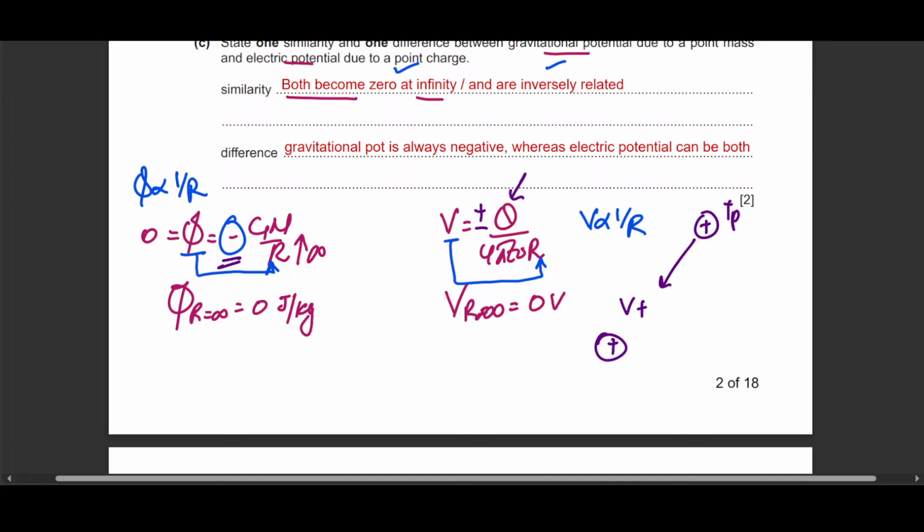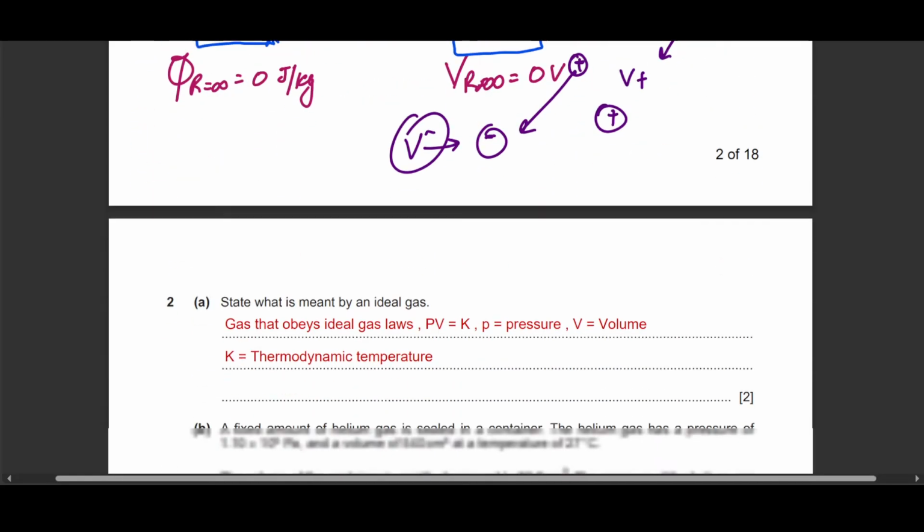And if you're trying to calculate the potential of a negative charge, since you have to put in the negative sign in the formula, this potential will become negative. Similarly, if you bring in a test positive charge close to this, even then the potential energy will become negative, right? So gravitational potential is always negative, whereas electric potential can be both positive and negative depending upon the situation.